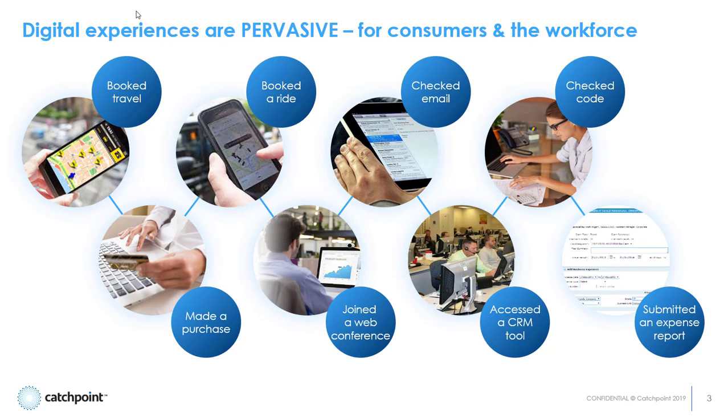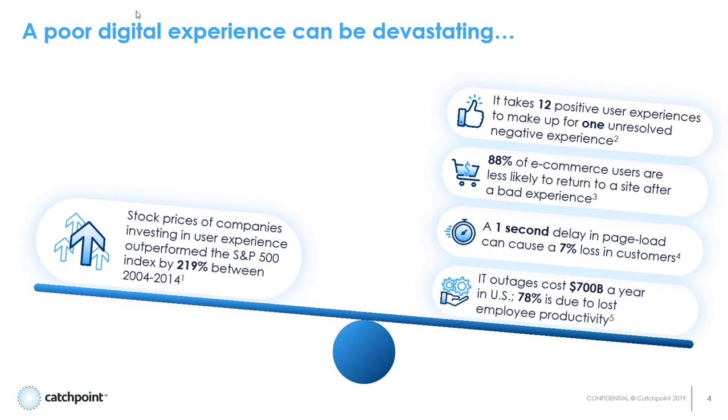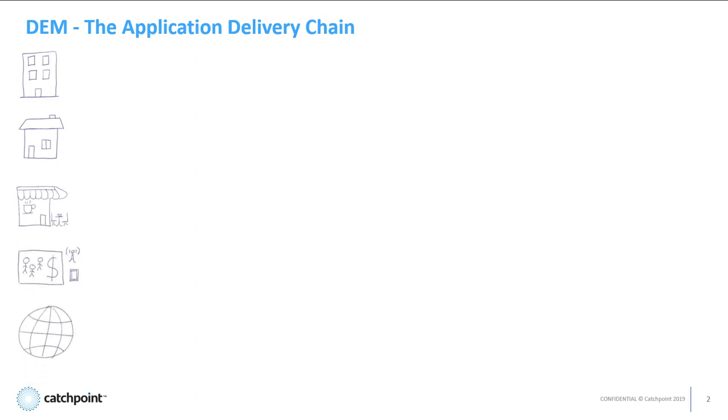Now, those silo-based tools are good at their specific function, and many vendors market that they have a DEM solution, but in reality, they're just using the same metrics from the same network telemetry and rebranding it DEM. As I spoke about in the Series 1 video, end users, whether they're revenue-generating customers or employees, are accessing your services across a variety of locations and from a global perspective.